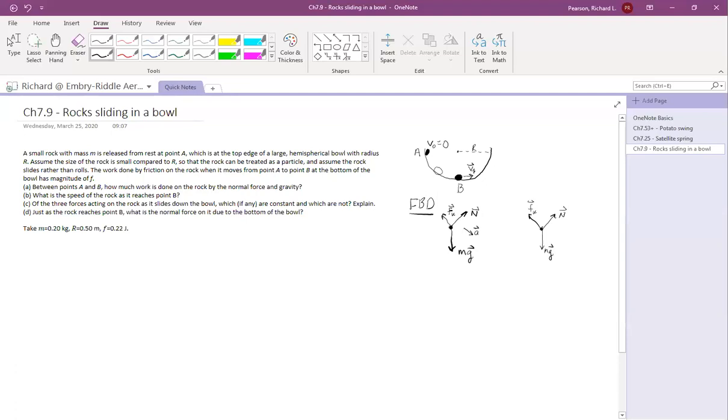Now, the important thing here is that at this particular point, we can define our axes, our coordinates, with a positive y and a positive x. So that puts the acceleration at this point all in x, and it allows us to then divide up the pieces of gravity specifically, right? So we can have a piece of gravity in the y direction and a piece of gravity in the x direction.